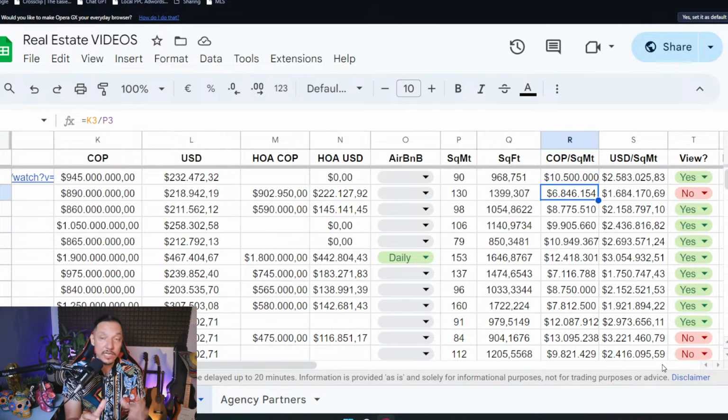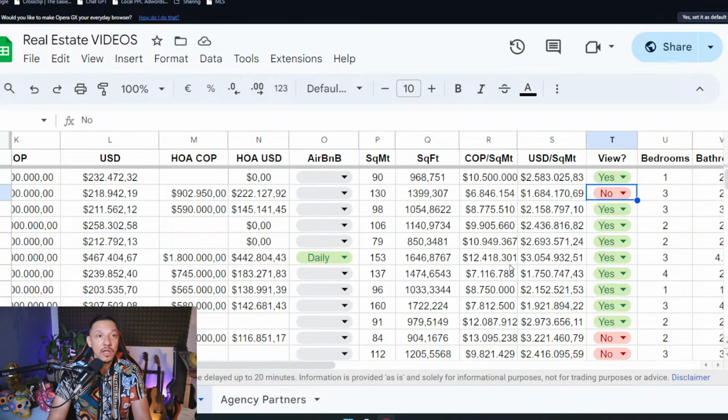So the sub-neighborhood determines the price per square meter because of comps, the comparables. Also the age of the building plays into the cost per square meter, and the total cost as well. Whether it has security, amenities, all that stuff counts as well. Does it have a view?